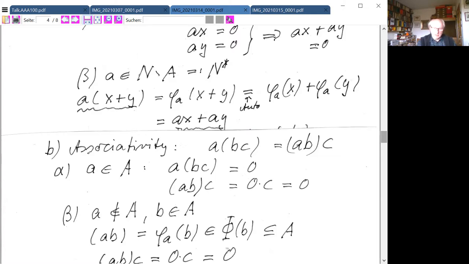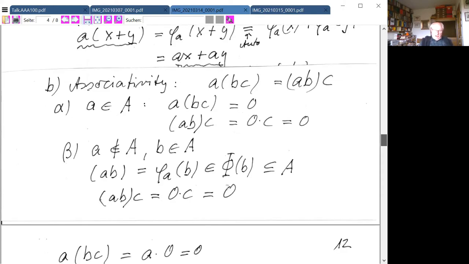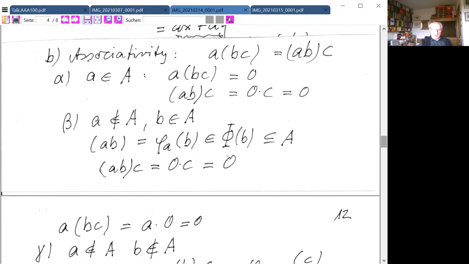The next point is to show the associativity of this multiplication. To show a times bc is ab times c, we have to distinguish three cases.